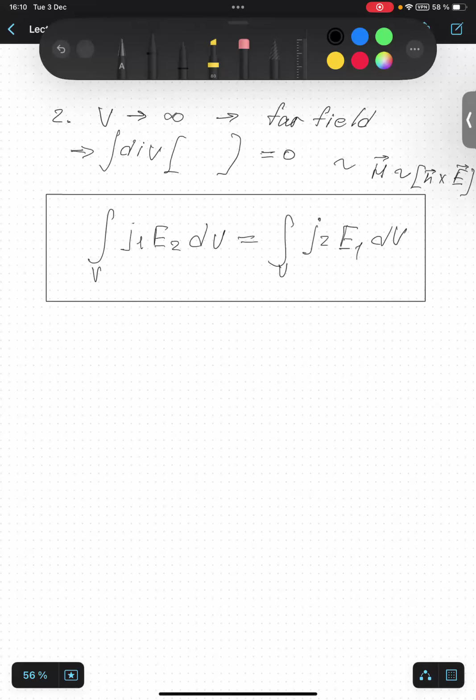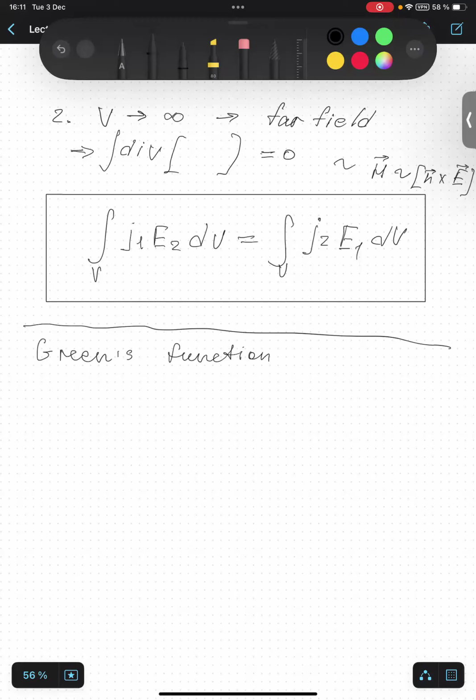Let me say a few words about the Green's function. So let's look at how it is related to the properties of the Green's function. We just take the curl of E and obtain the wave equation.